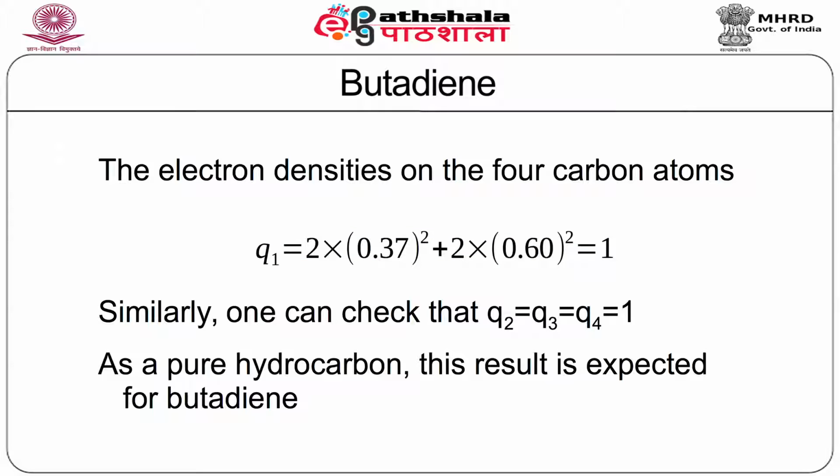One can carry out similar calculations for the other atoms, and we find that Q2 equals Q3 equals Q4 equals 1. So all of the carbon atoms in butadiene have the pi electron density equal to 1. Again, as a pure hydrocarbon, this result is quite expected for butadiene.